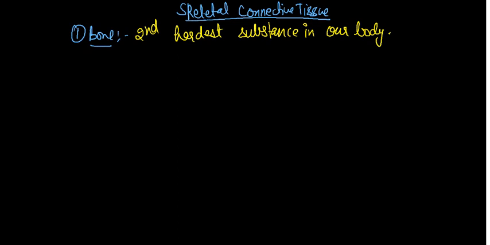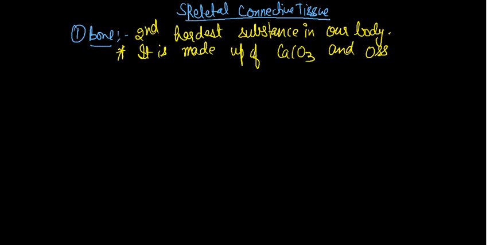Okay, that is the first hardest substance. Bone is made up of calcium carbonate and osseine protein. That is the most important thing.